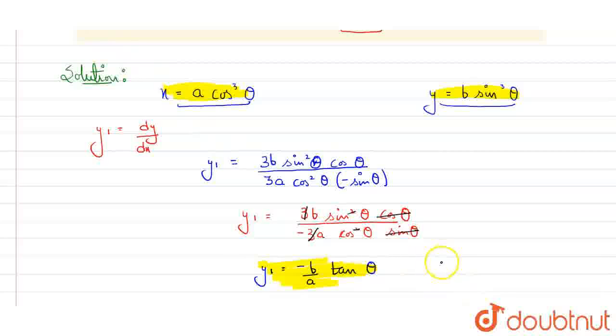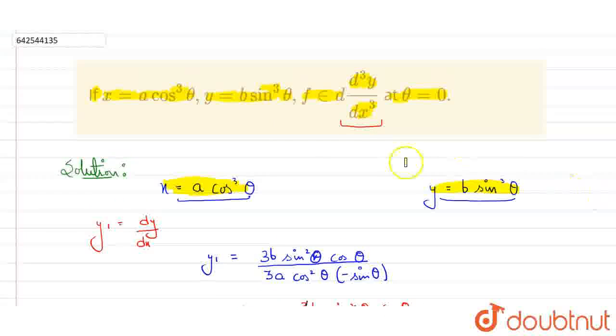Okay, if sin theta is not equal to 0 and cos theta is not equal to 0, then only this condition will occur. For this condition to be satisfied, we have to have sin theta not equal to 0 and cos theta not equal to 0.